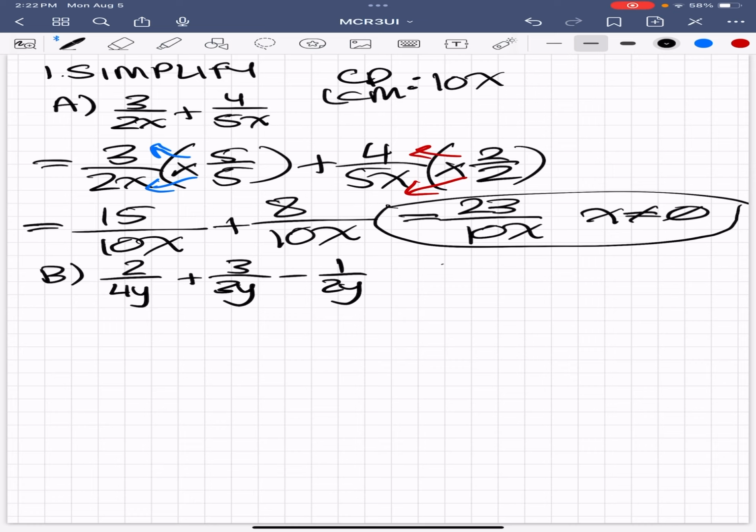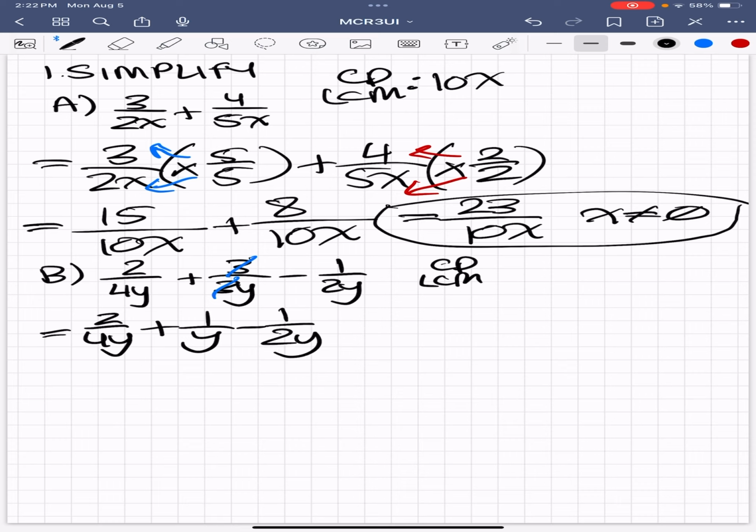Okay, so we have our common denominator, or the lowest common multiple, between 4y, 3y, and 2y. And I think that it would be 12y. So we can cancel out these two 3's. And our lowest common multiple can now be 4y.